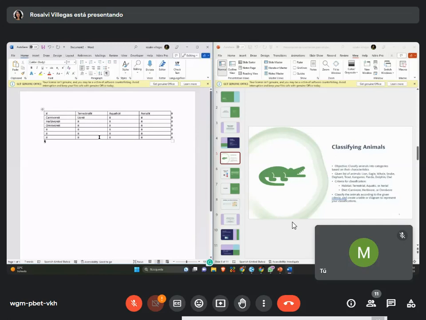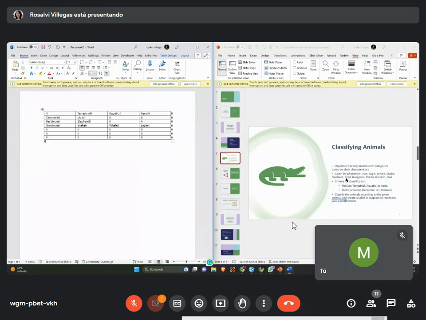The eagle, aerial, and omnivore, right? The whale would be aquatic and omnivore. The snake would be terrestrial and omnivore. The elephant will be terrestrial and herbivore.